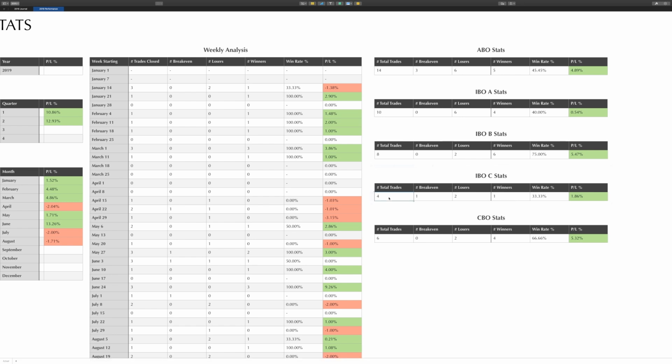IBO C, we have 4 trades, 1 break even, 2 losses, 1 win, right? 33% strike rate, 1.8% profit. So bad strike rate, still in profit. Why? Because IBO C requires a minimum of a 2-to-1 reward to risk ratio.